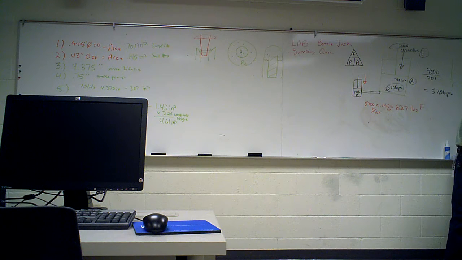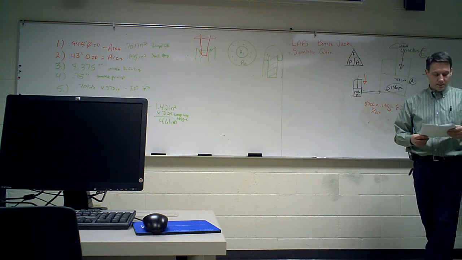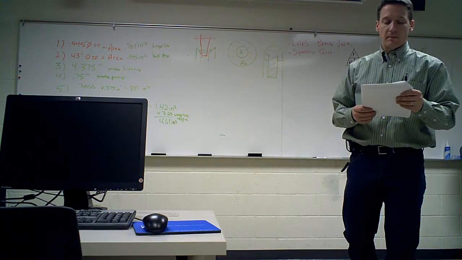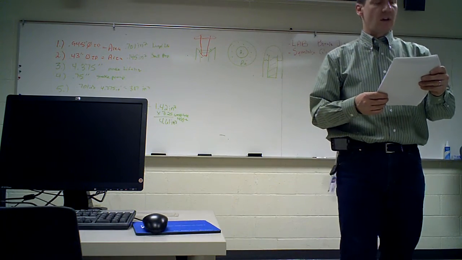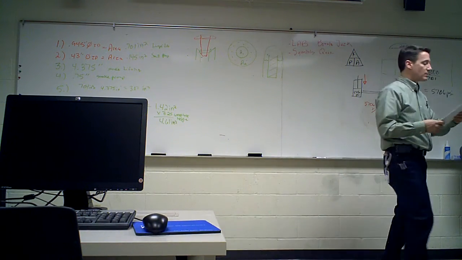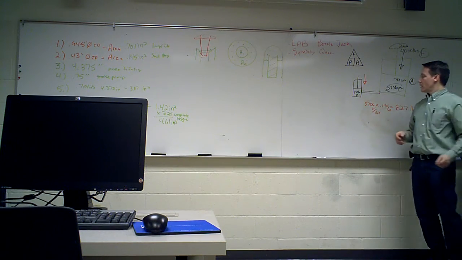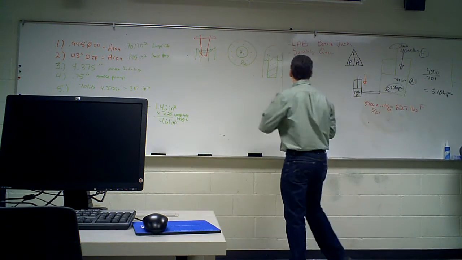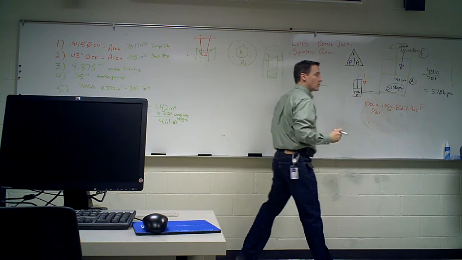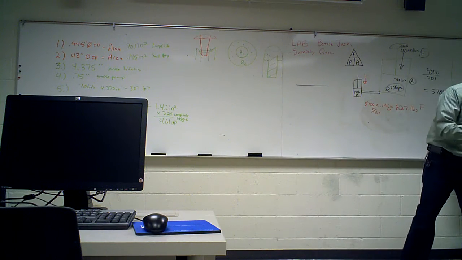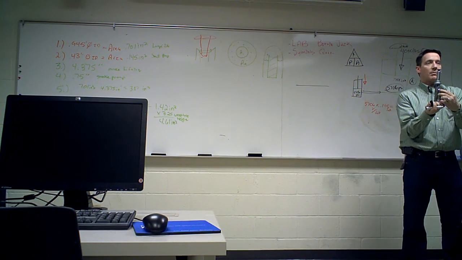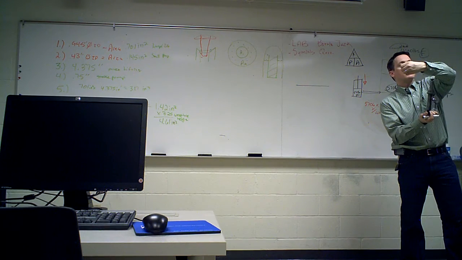Number 10, based on a foot-long handle, determine the force required on the handle of the jack in order to raise the 2-ton load. So I've got a teeter-totter, and we agreed here that this guy's 1 inch long. If I put a handle on here, I've got 12 inches out on this side, right?